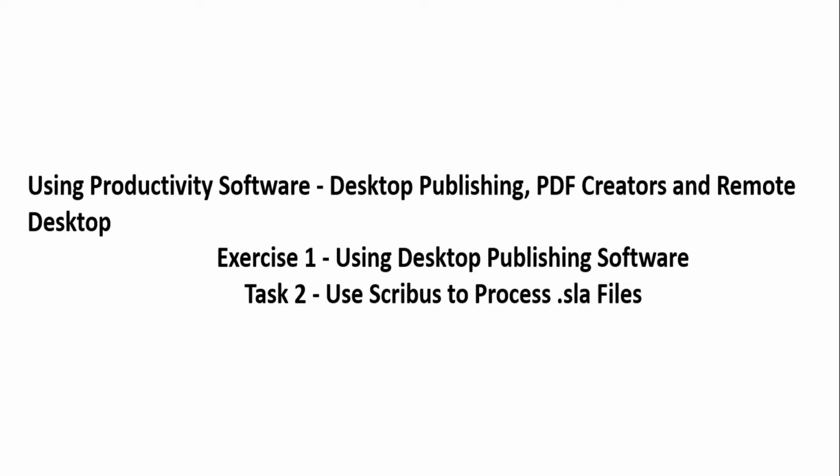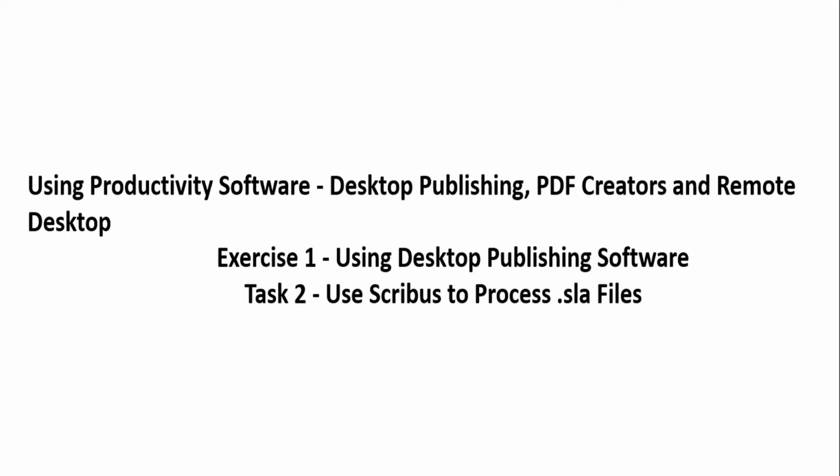In this task, we will process a downloaded .sla file using the Scribus we have just installed in task 1. The .sla file is from the files we extracted into our publication folder.